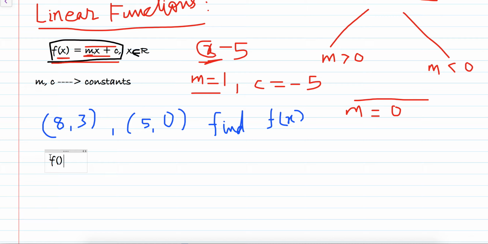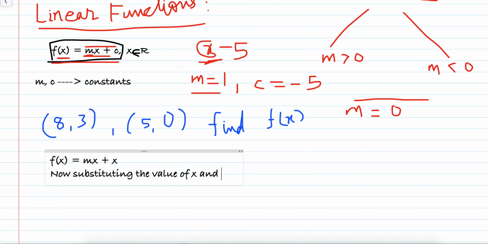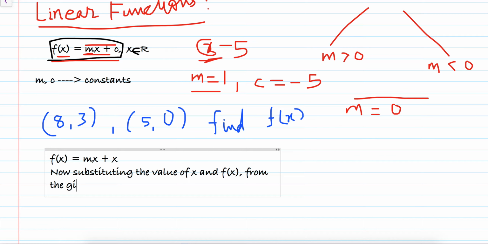Then we will write a linear function is defined as mx plus c. Now substituting the value of x and f(x) from the given points. So here this 8 is x and this is our f(x), the value of the function at point x. So these all are x and f(x) pairs.